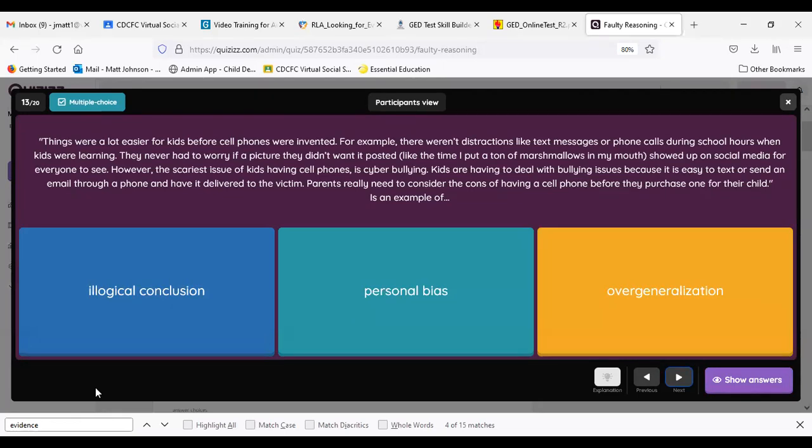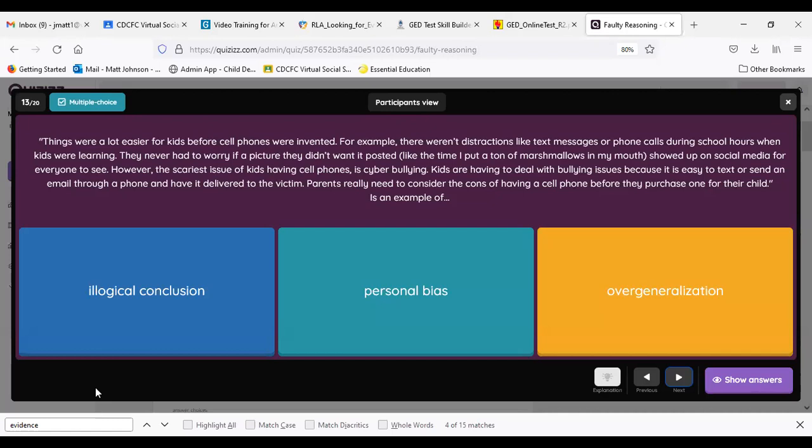They never had to worry if a picture they didn't want posted, like the time I put a ton of marshmallows in my mouth, showed up on social media for everyone to see.